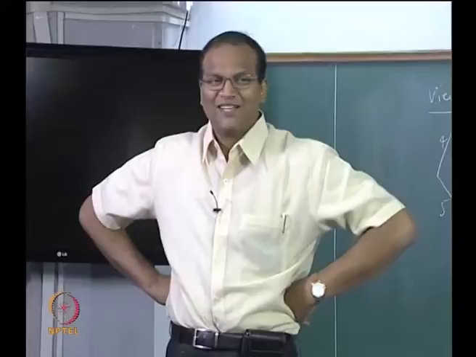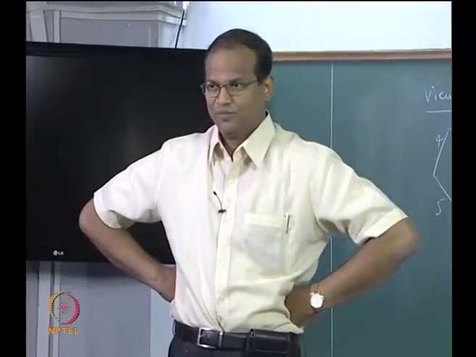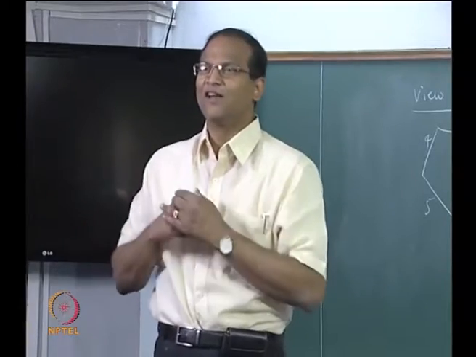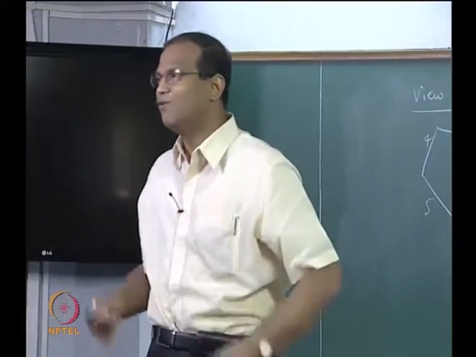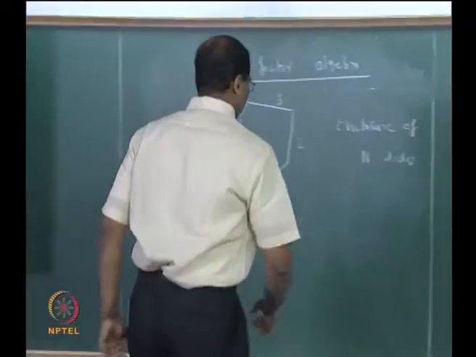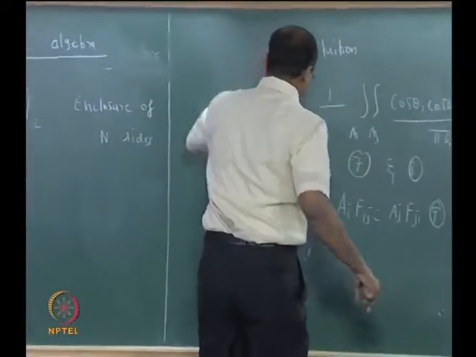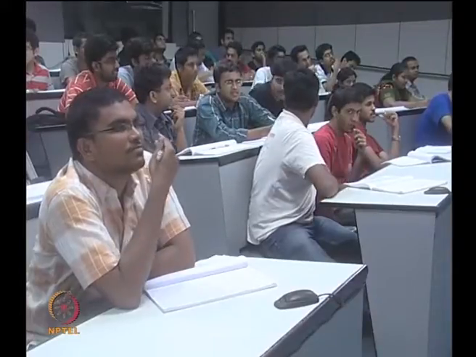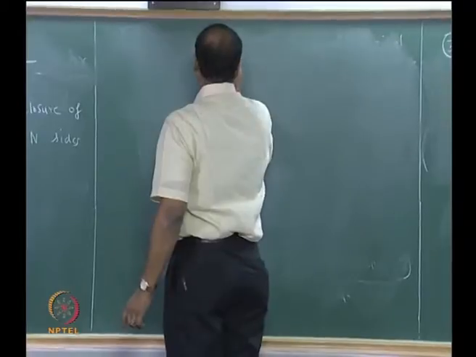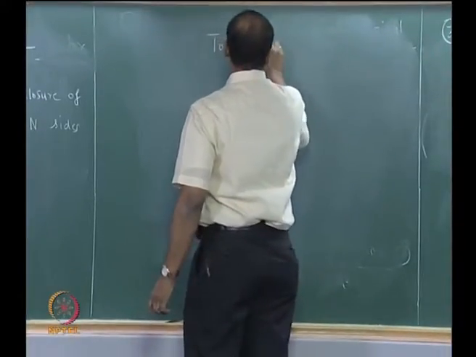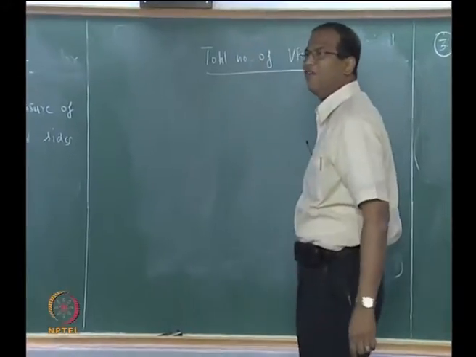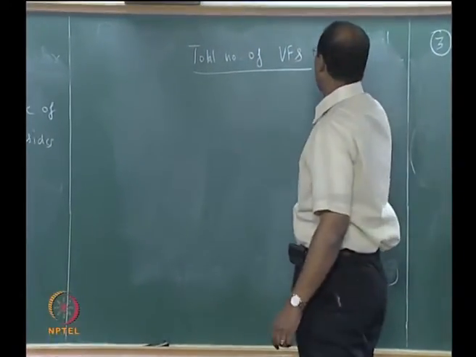Now, if there is an n surface enclosure, n square view factors will be there. Why so many? What are these view factors? The total number of view factors is n square.